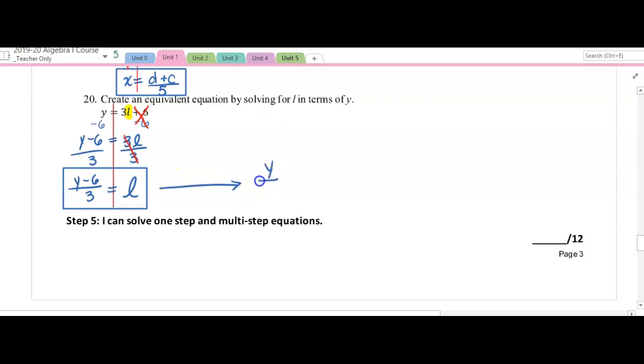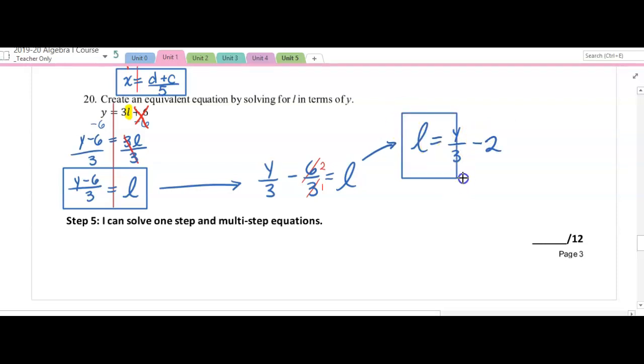Remember, we can put y over 3 minus 6 over 3. And 6 over 3 cancels to 2 over 1. So we could end up with L equals y over 3 minus 2 for our final answer. That would be acceptable as well.